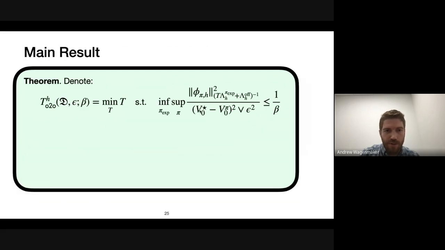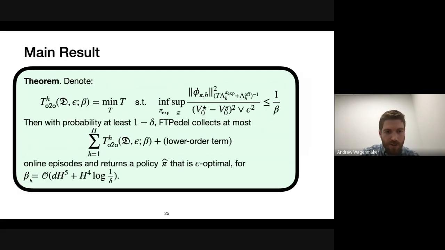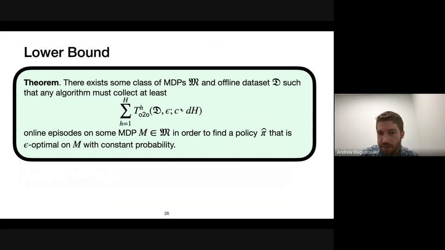Now you'll notice here I have T_O2O(beta) for some general beta. The beta here is different. Now it's just D H, so this gets at the suboptimality and H factors. But still, you need to collect this many samples in order to find some policy pi hat that is epsilon optimal on some M with constant probability.